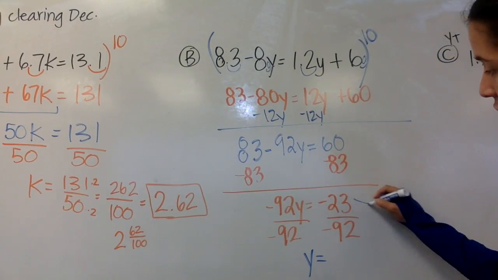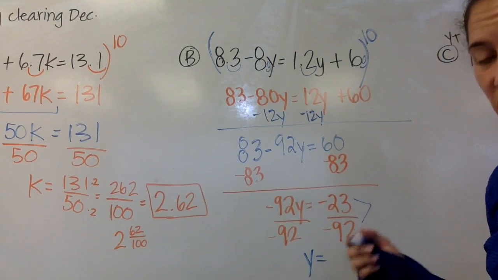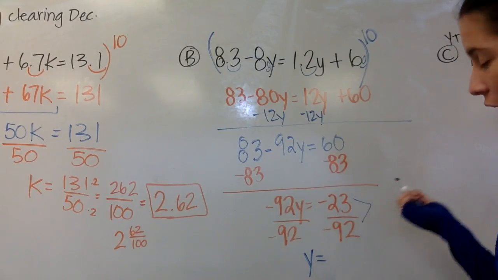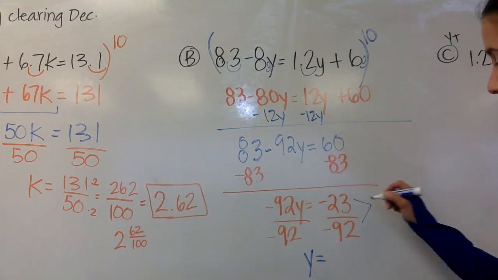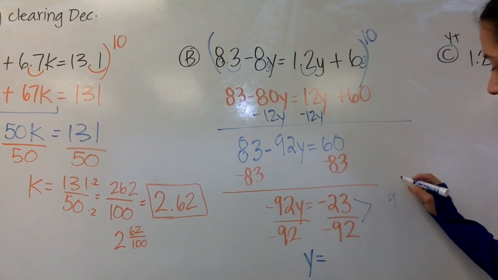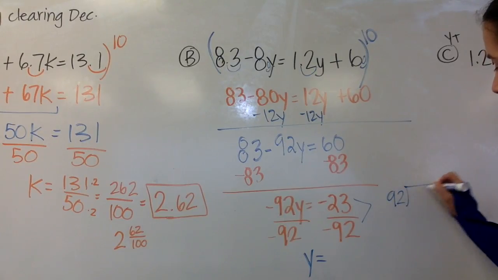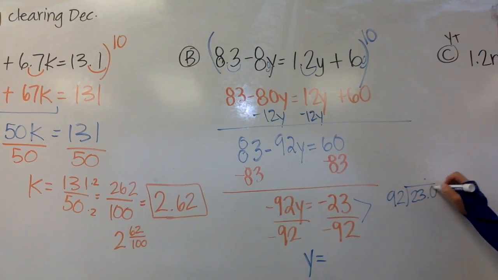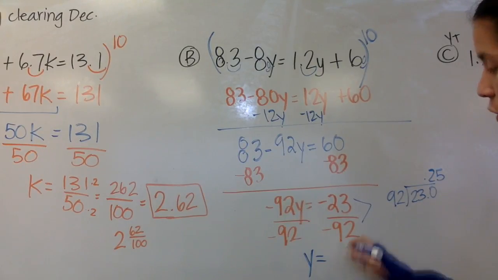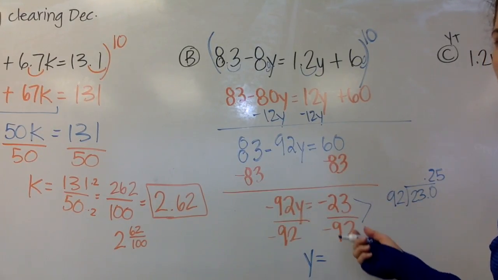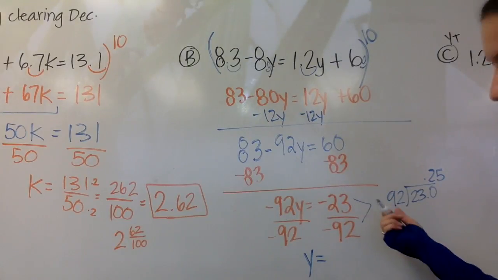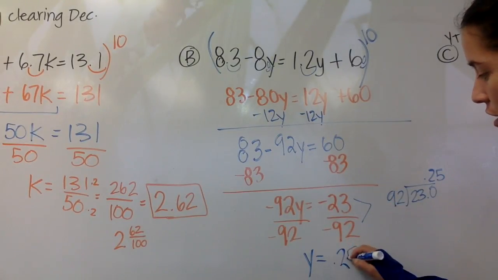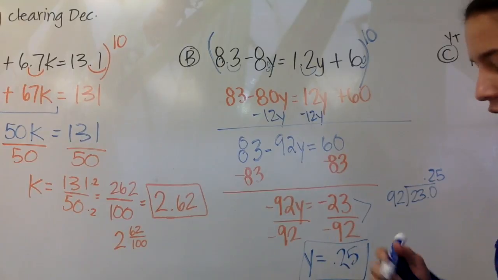I know this because I have done math a long time. I know that if you divide 92 into 23, you would get 25. Or you could reduce, you could divide the top and the bottom by 23. But I know that it's going to be a positive 25 hundredths.